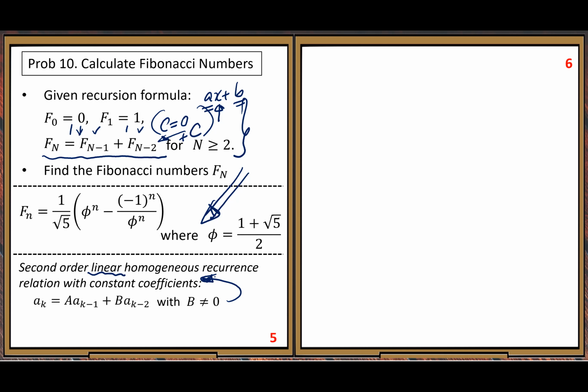But for our Fibonacci numbers question, we have A equals B equals 1. So that is a special, simple, second order linear homogeneous recurrence relation, as simple as this: a_k equals a_{k-1} plus a_{k-2}.